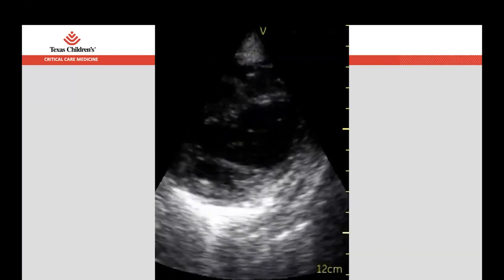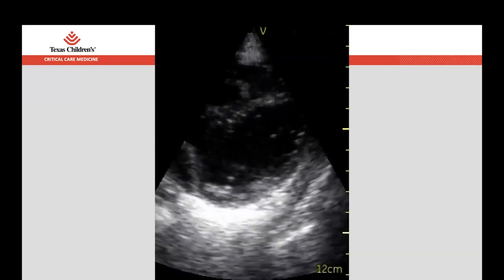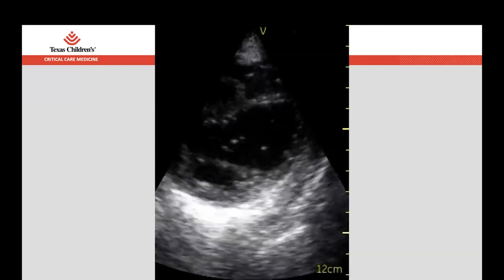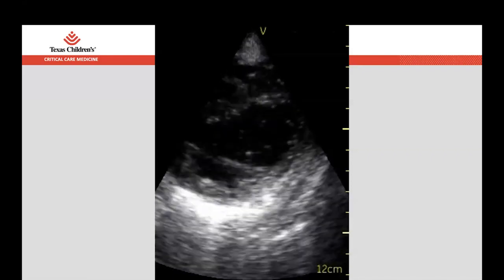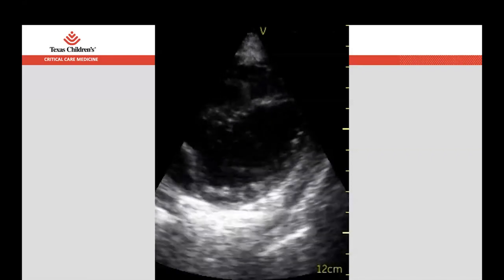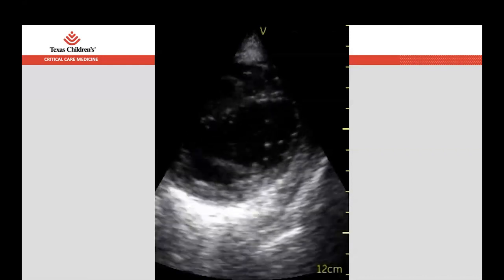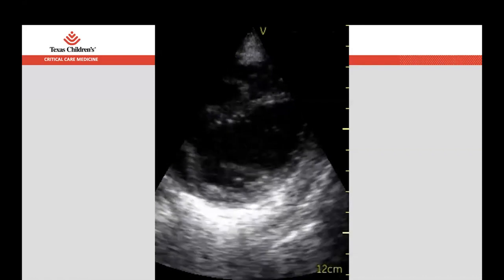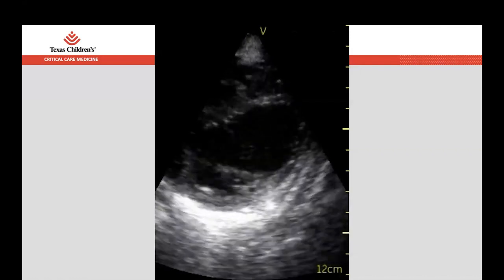Remember from some of our other material that when you have an echo show up, it's not necessarily that you have something solid. You just have a difference in impedance between two different substances, meaning a density difference or a speed of sound difference in the material that you're scanning.